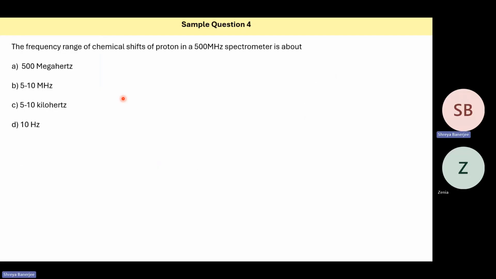The next question is asking, the frequency range of chemical shifts of a proton in a 500 megahertz spectrometer is about how much?